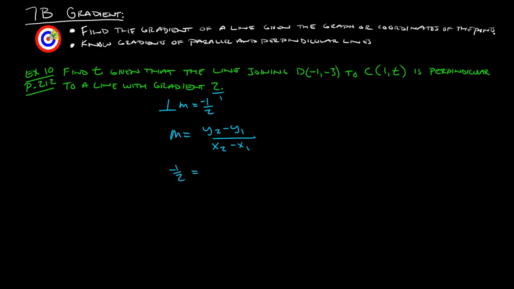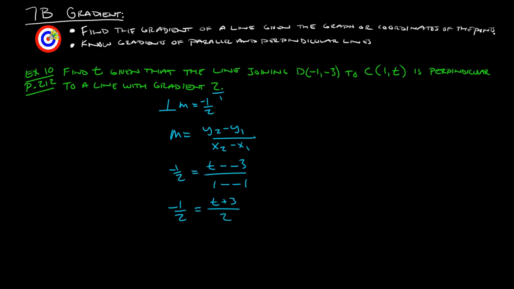And then t is our y2, and then negative 3 is our y1, and then 1 is our x2, and then negative 1 is our x1. So this is just negative 1/2 equals t plus 3, and then 1 minus negative 1 is just 1 plus 1, which is 2.